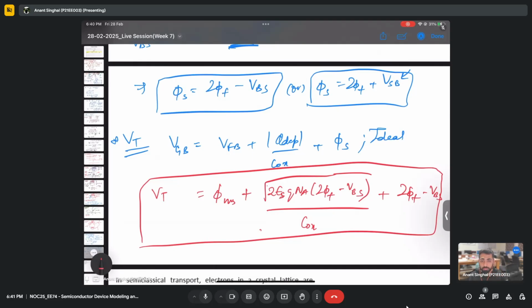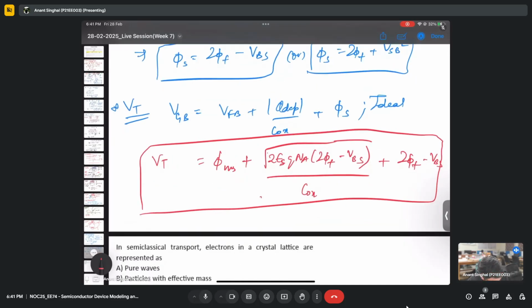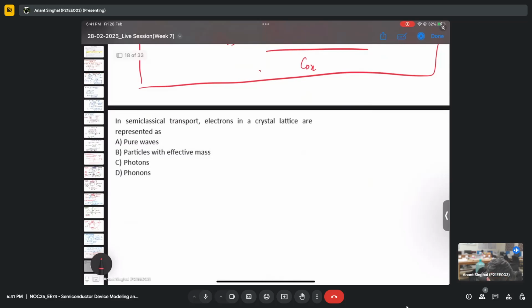Okay, so let's start with some of the questions for this week. Since MOSFET and MOSCAP are covered, this week we are dealing with semi-classical transport theory. What it does is treat the electron as a particle with effective mass.